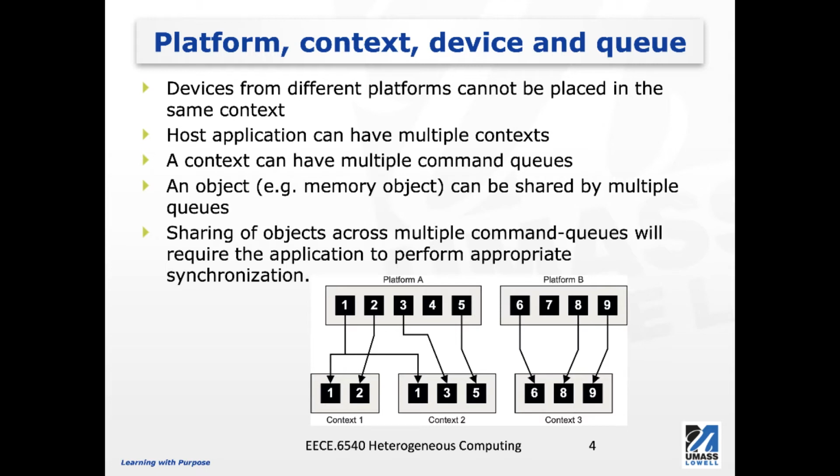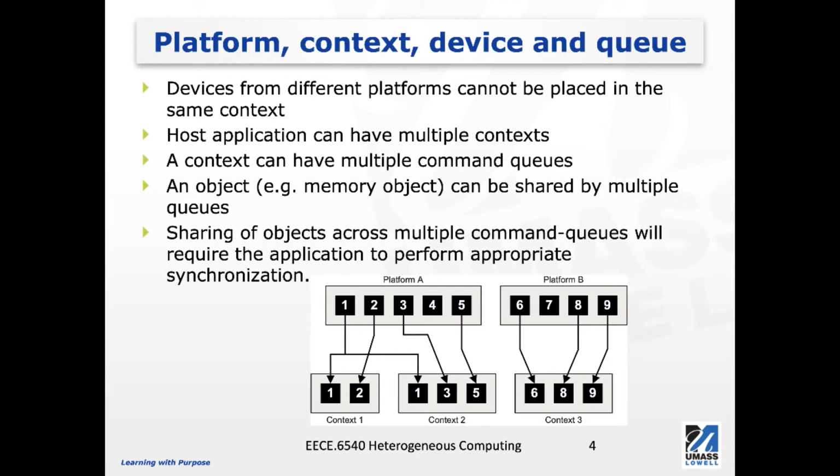So we're really referring to the differences between the physical platform, which refers to a physical machine and multiple devices that are plugged into this machine, and OpenCL platforms, which are the conceptual or software platforms that each vendor provides to support the operation of their OpenCL devices. So in principle, on one physical machine, you can have multiple OpenCL platforms provided by different vendors.